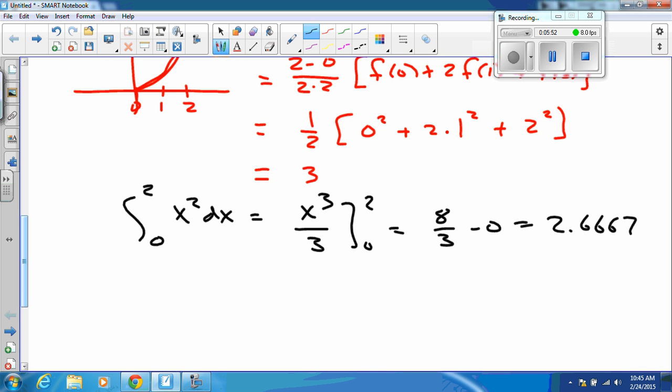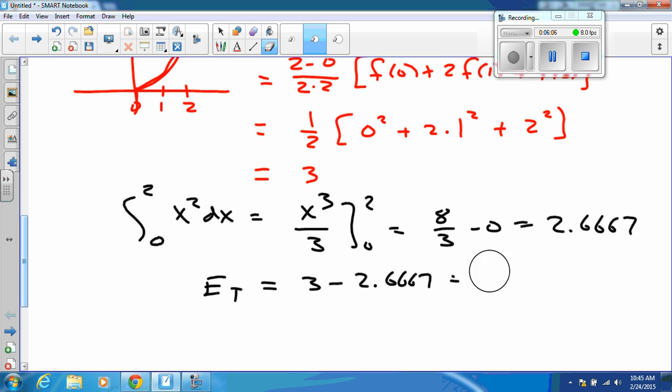So you can see that, indeed, my trapezoidal estimate is a little bit too large, and the actual error is the difference between the trapezoidal estimate and the true value, which is 0.3333 to 4 places. So that's the actual error.